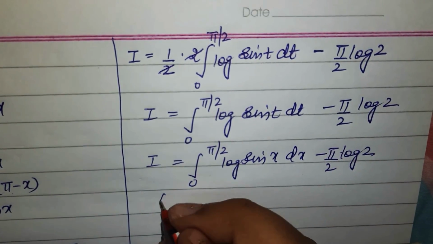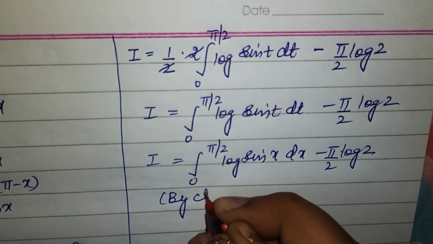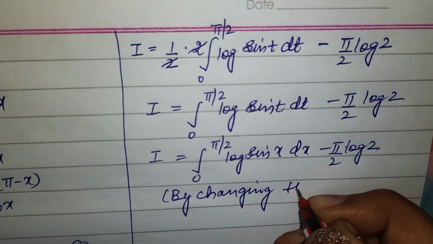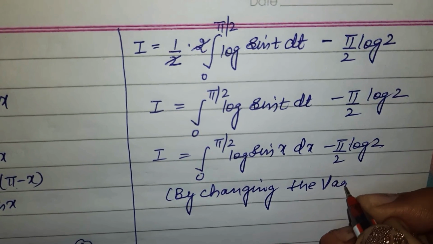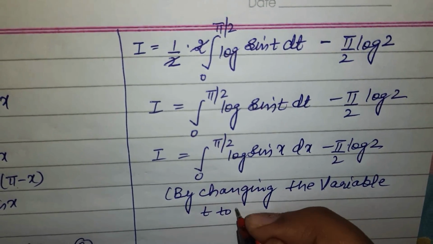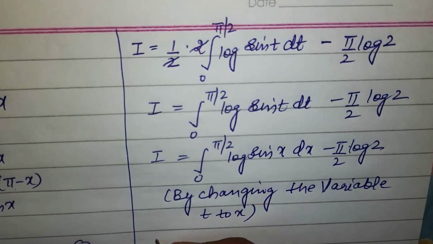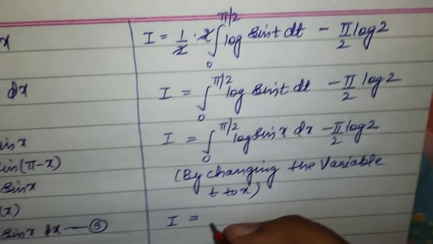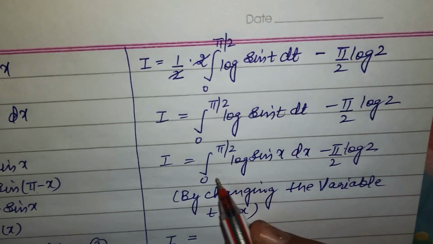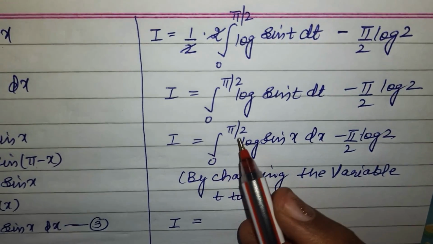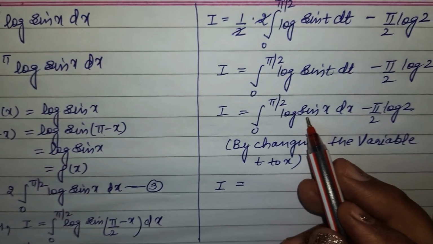So by changing the variable t to x, I will be getting I, which is equivalent to the integral from 0 to pi by 2 of log sin x.